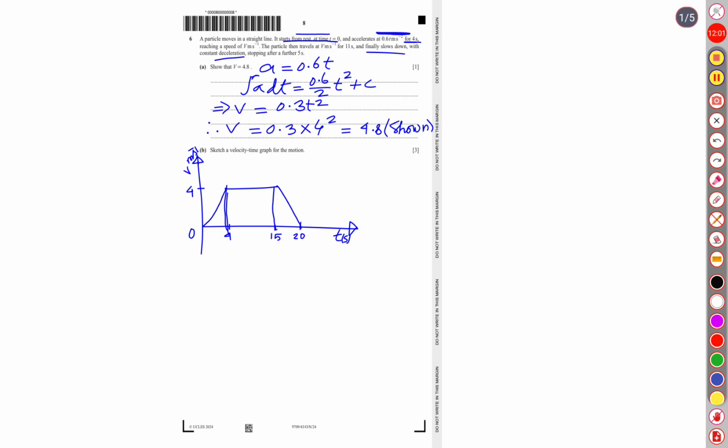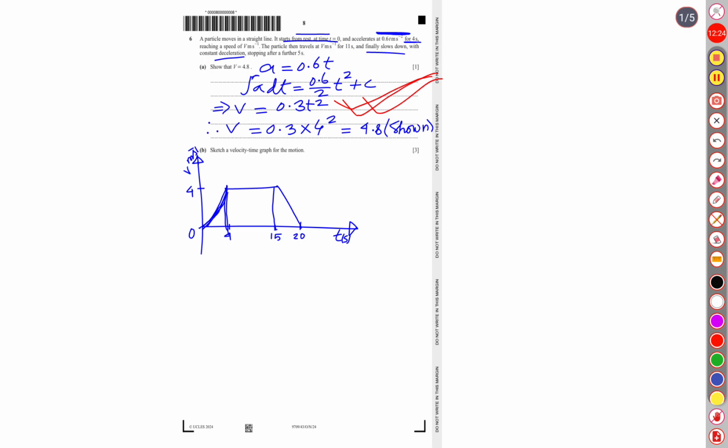Among these three segments, the first part is from 0 to 4. This is not uniform, so we will have to integrate the velocity. The expression for velocity for the first phase was v equal to 0.3 t squared.